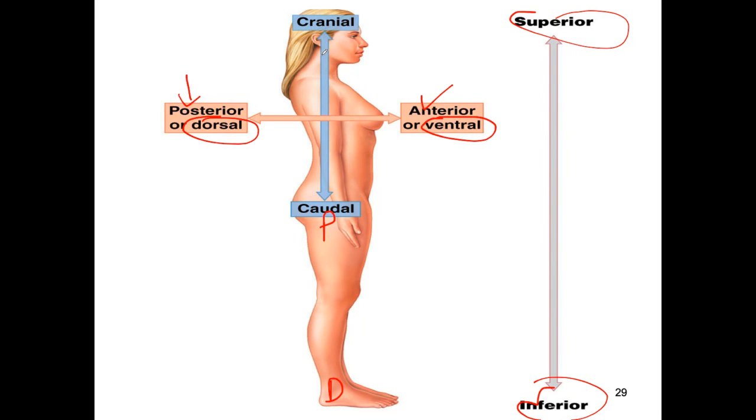When we're talking about the skull and the gluteal region or the sacrum, we can say we're moving cranially, to the cranium, or caudal. Caudal means the tail, moving towards the tail. Caudal, cranial.